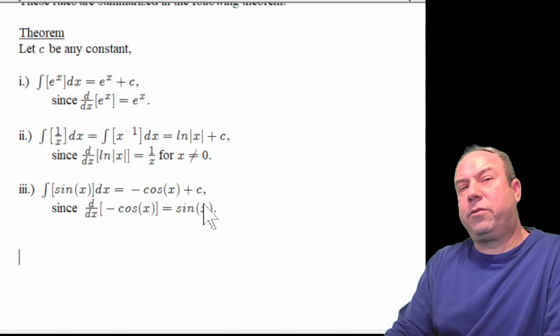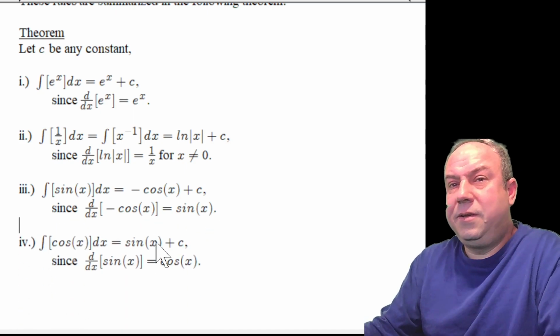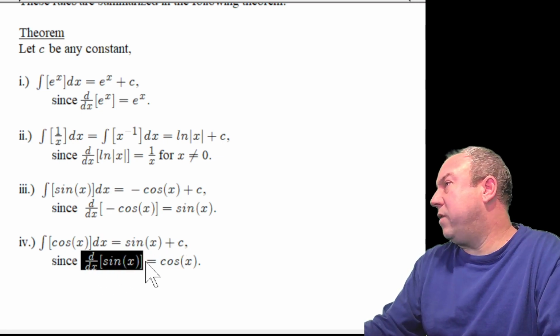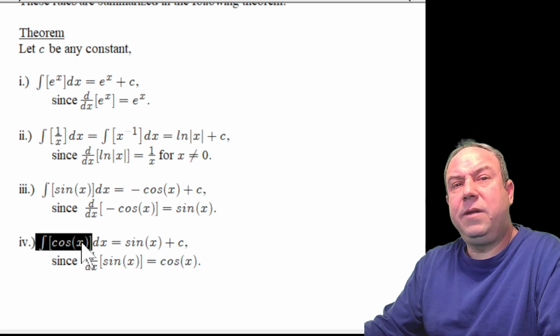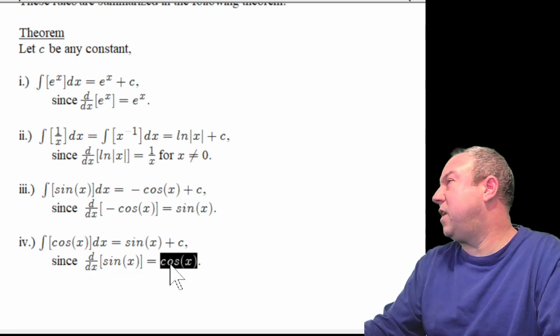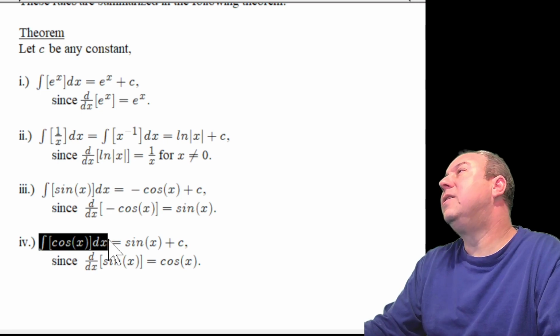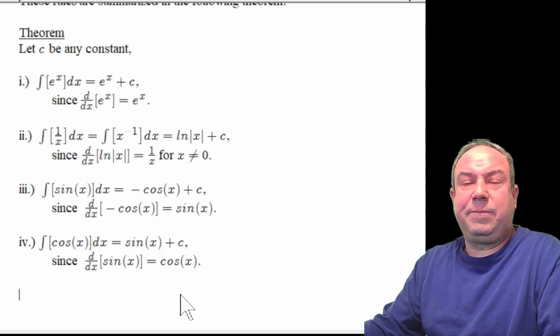Similarly, in our fourth result, the antiderivative of the cosine x is simply the sine x. That's because the derivative of sine x is simply cosine x. So the antiderivative of cosine of x will be the sine of x plus c.